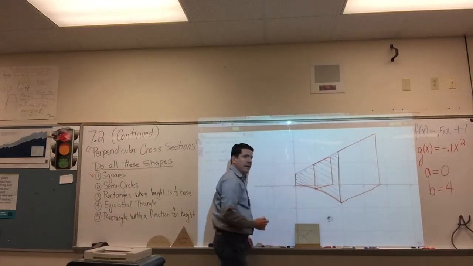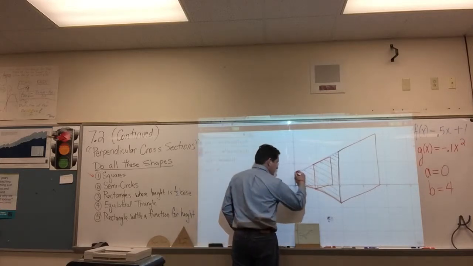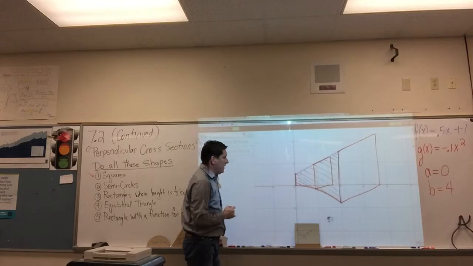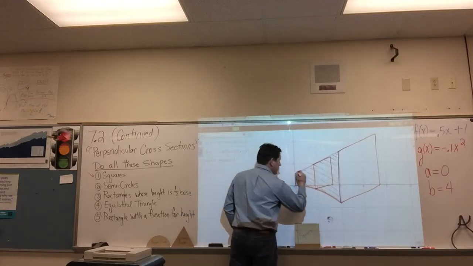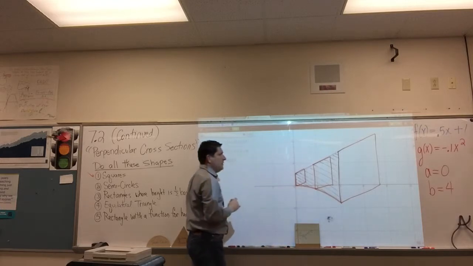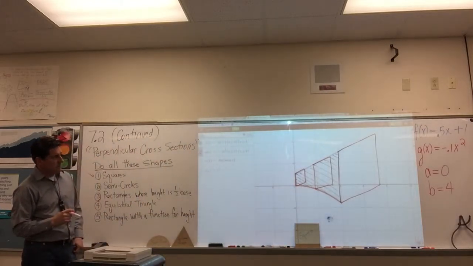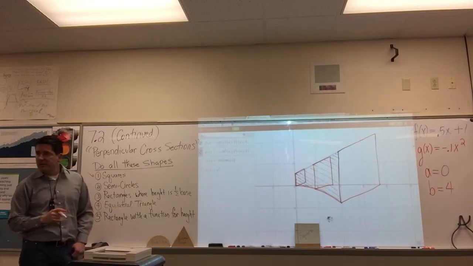If you ever took an art class and talked about perspective, this is all part of that. And then let's do the smallest square. The smallest square would come like this, like that. Can you see them sticking out at you?